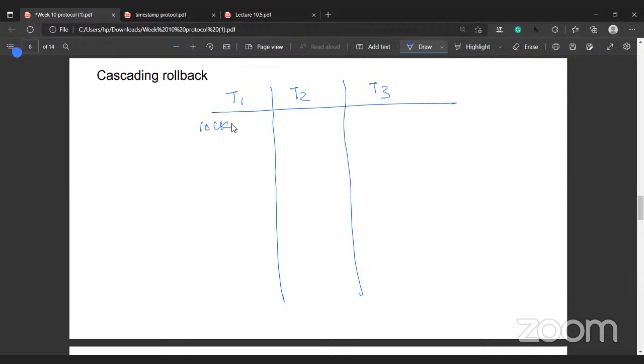Exclusive lock is applied. Then read A, write A, then unlock A. Then exclusive lock is applied.